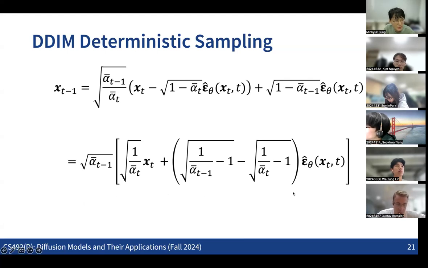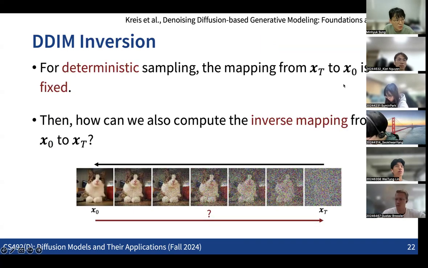If we repeat this computation, since the epsilon prediction network is fixed, the mapping from x capital T to x_0 is fixed. This means that if we sample any x capital T at the very beginning of the reverse process from the unit Gaussian distribution, then x_0 is deterministic. No matter how many times you run the denoising process, you're going to get the same result from the same x_T to the same x_0.